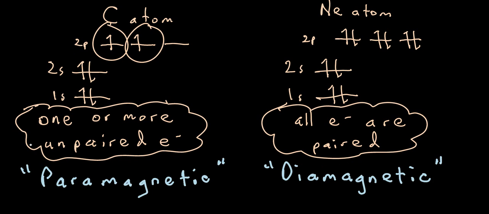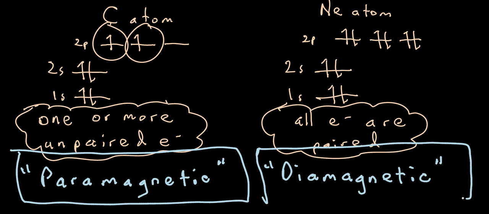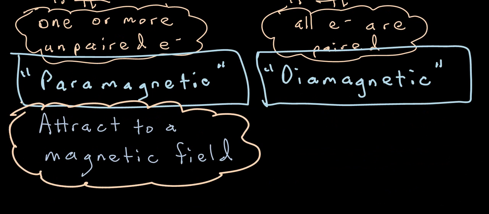The terms that chemists use to describe this arrangement: if something has one or more unpaired electrons, that particular element is identified as being paramagnetic. If all the electrons in something are paired, that's known as diamagnetic. Things that are paramagnetic, containing one or more unpaired electrons, are going to attract very slightly to a magnetic field.